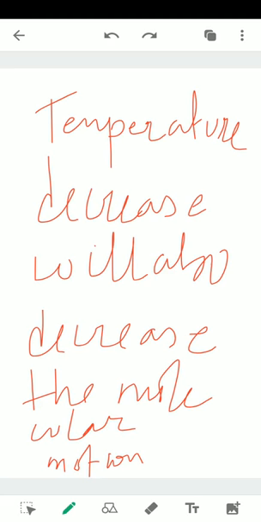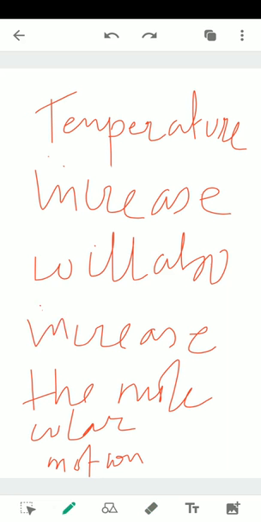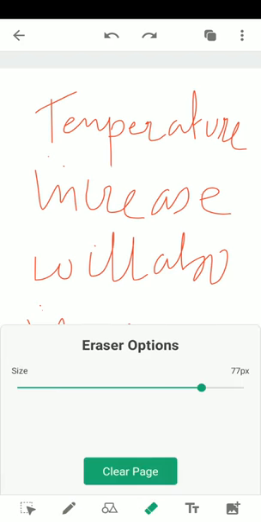Temperature decrease will also decrease the molecular motion, and vice versa. If I increase the temperature, temperature increase will also increase the molecular motion.